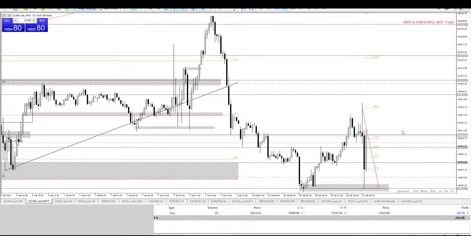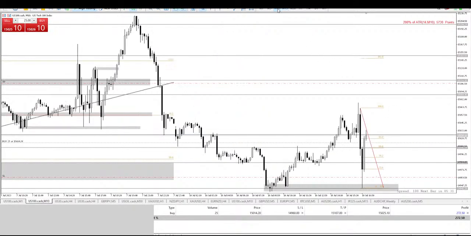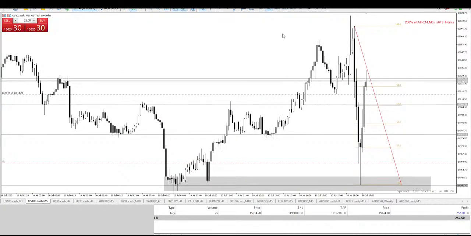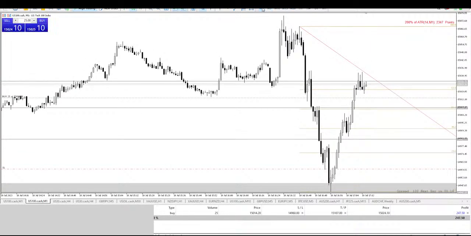Just 35 seconds to go. So it would be nice to get a nice bullish 5-minute close there as well. Let's see.